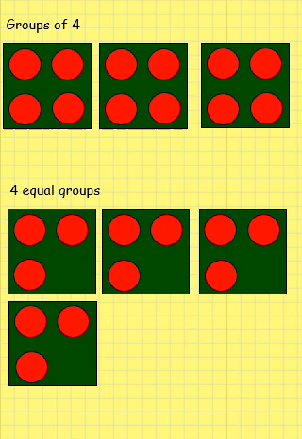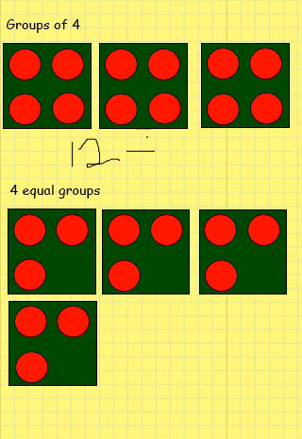If we have a look at our 2 differences, we've got the first one, which is groups of 4, where we can see that there are 4 in each group. And at the bottom, we've got 4 equal groups, divided into groups of 3. If we were to write the calculations, they would actually be the same.